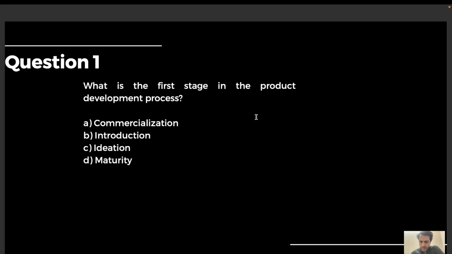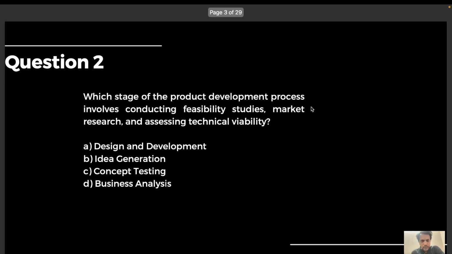Maturity is where you have launched the product, it's in the market, and it's at a stage where a leadership position might be there, or your sales are not going as well and it may be slowing down at this point of time. So which of these could it be? The answer could be ideation, right? This is the first stage where you're trying to understand what could be a problem that you would want to be solving.